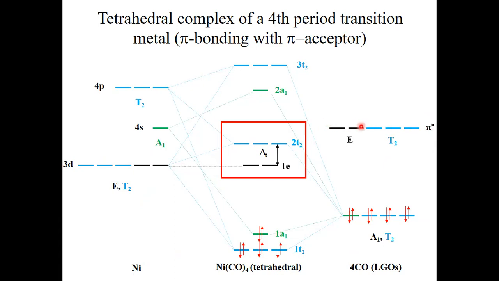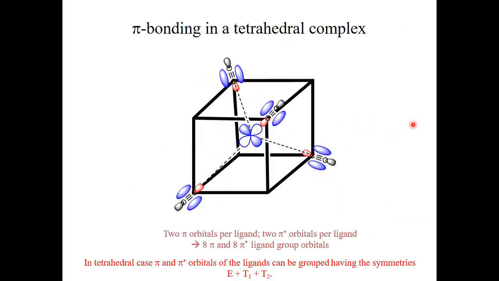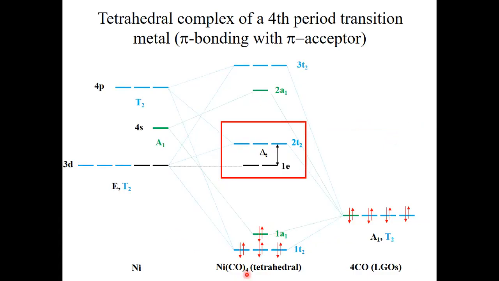So we saw previously that 2 of them have the symmetry type E, and 3 of them have the symmetry type T2.